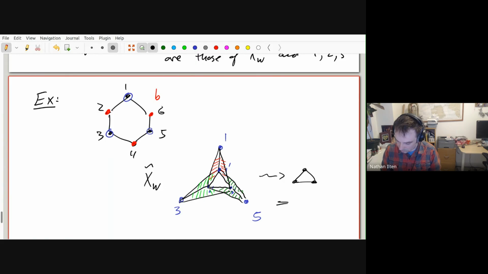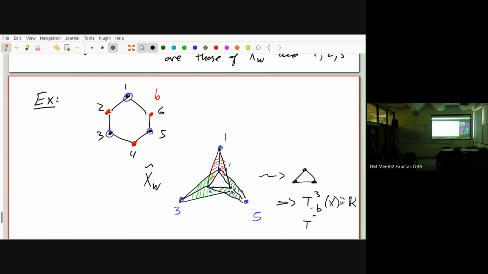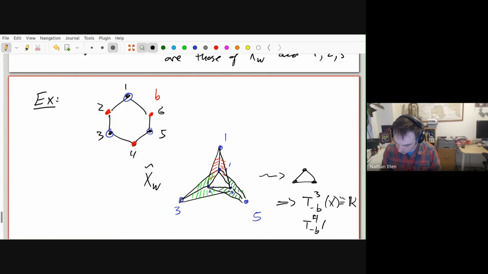And so this tells me that T_3 in this degree is going to be H_1 of this, and so that's isomorphic to K. And T_4 is going to be H_2 of this, which is 0 in that degree.